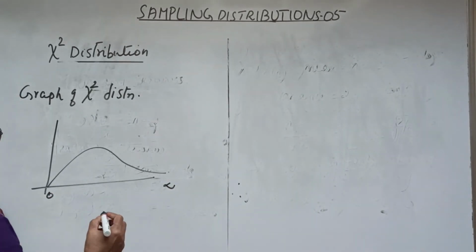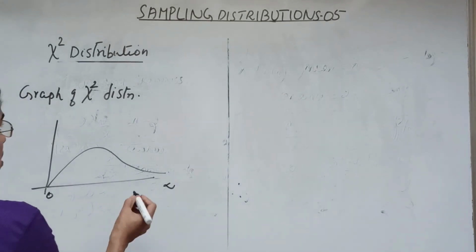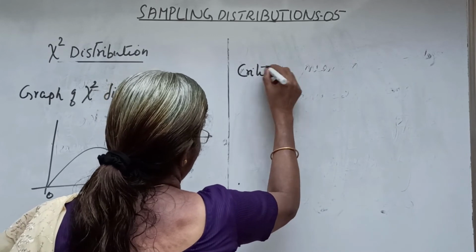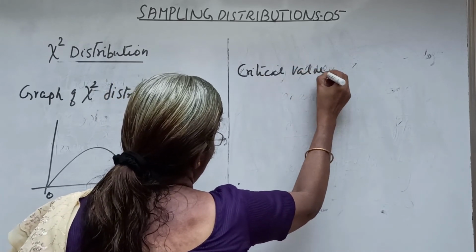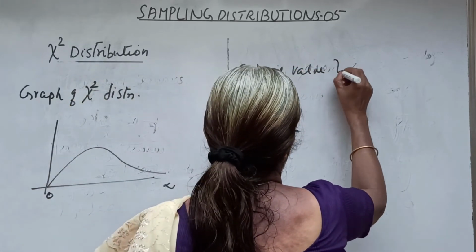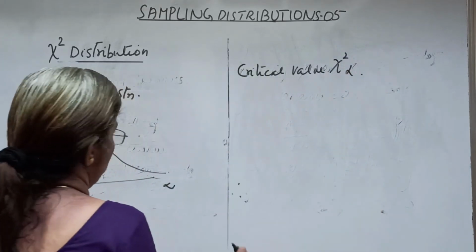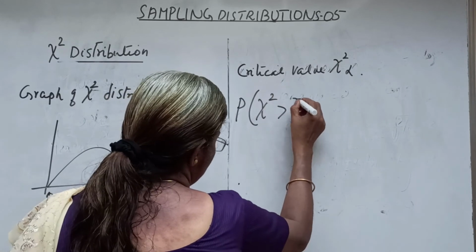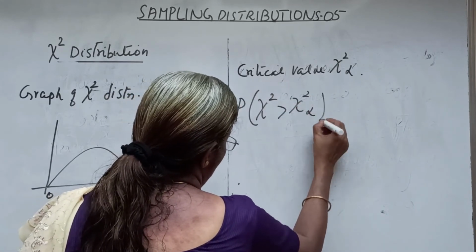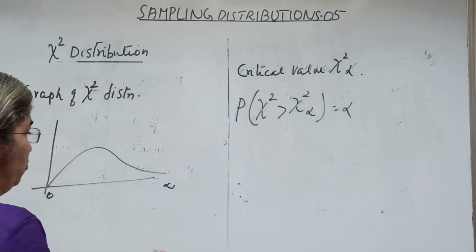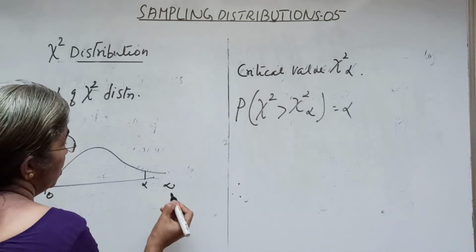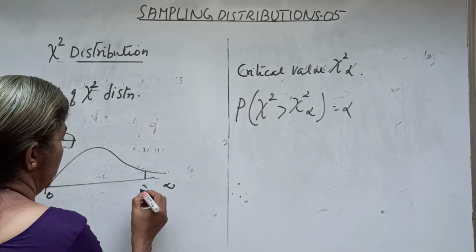And we have chi-square alpha, the critical value. Chi-square alpha is defined such that probability chi-square greater than chi-square alpha equal to alpha, that is alpha level of significance, which we will define later.